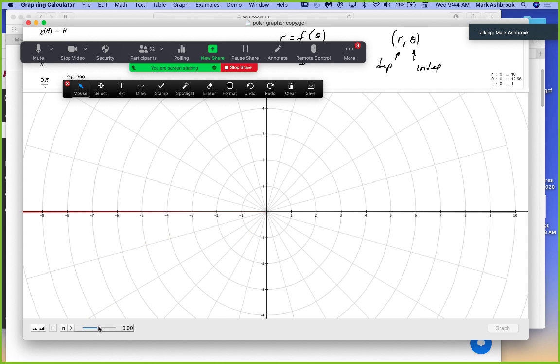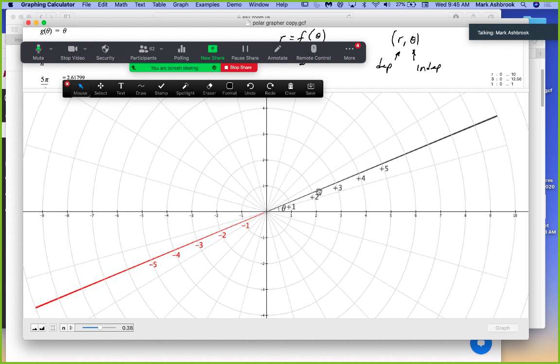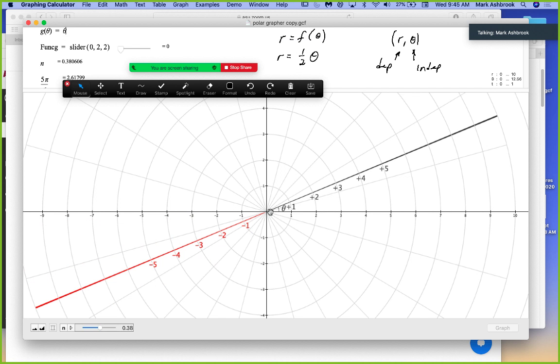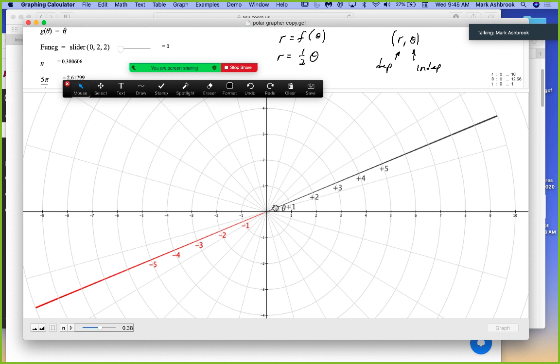So what I want you to imagine in your mind's eye: look at the positive theta axis here, and as I turn it counterclockwise, imagine simultaneously moving out away. R increasing means moving away from the pole. So these two things are happening at the same time. We're turning counterclockwise, and we're generating points by moving away from the pole along that axis.